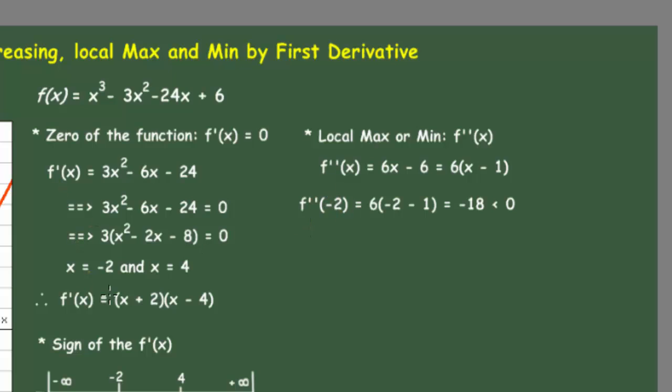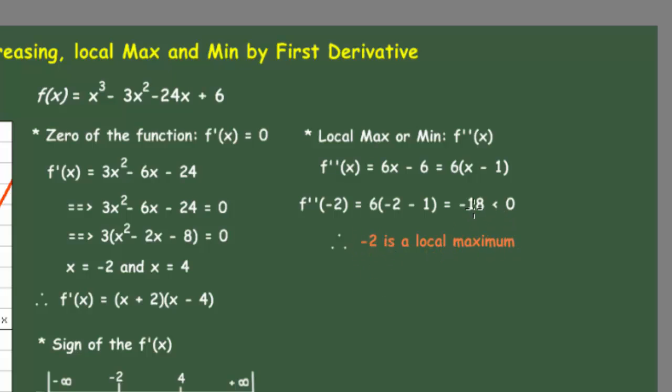So we plug the 0 of the function into the second derivative. F prime prime of minus 2 gives us 6 times (minus 2 minus 1), and this is equal to minus 18, which is smaller than 0. And this means we're having a local max at this position, at minus 2. Therefore, we can say that minus 2 is a local maximum.